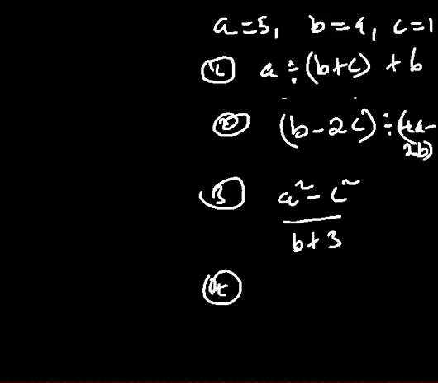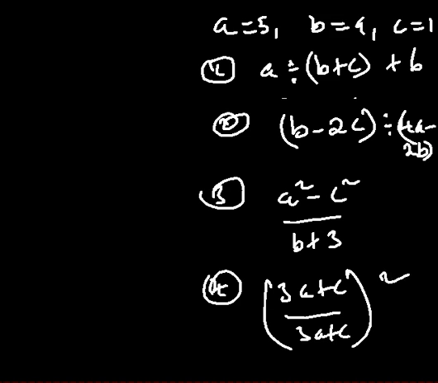Let's say we have 3a plus c in the overall to the power 2, divided by 3a plus c, and of course in the overall to the power 2. How do you think you can do that?